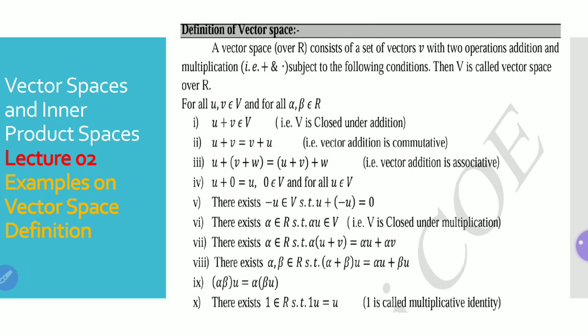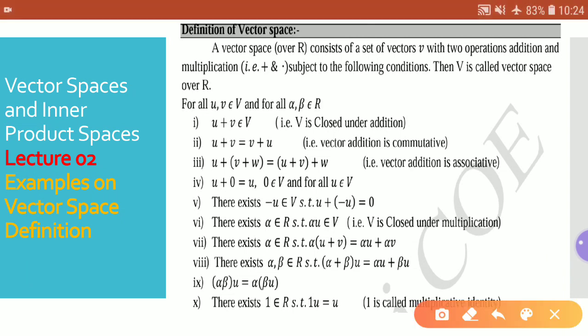By using this definition we can check whether the given set of vectors V forms a vector space or not. For that we need to verify these 10 properties. Out of that, the first 5, properties 1 to 5, are related to the first operation, addition, which is defined over that set, and the remaining 5 depend upon the second operation, that is scalar multiplication.